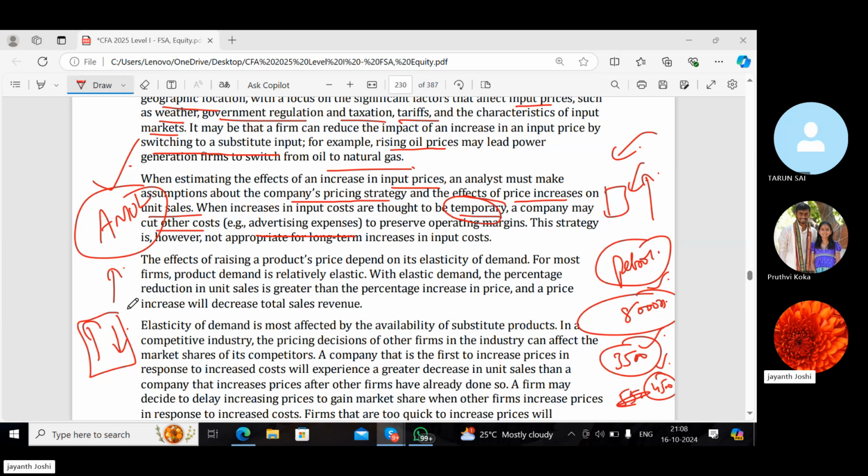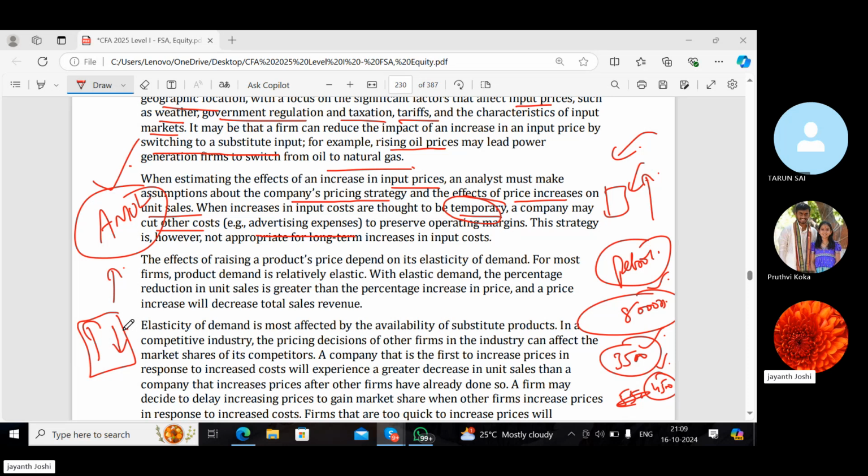They are trying to balance this, because if the input prices are increasing for temporary reasons, they cannot suddenly increase the price at which they want to sell, because they have to watch other firms' reaction to this.